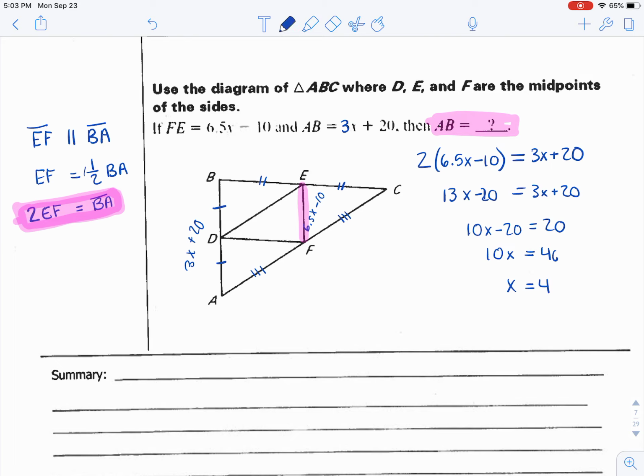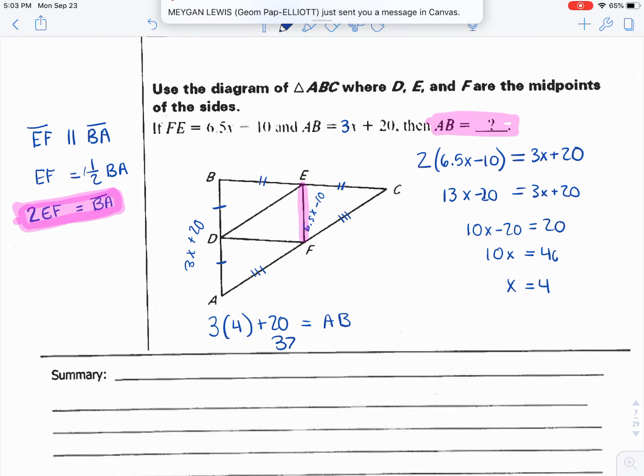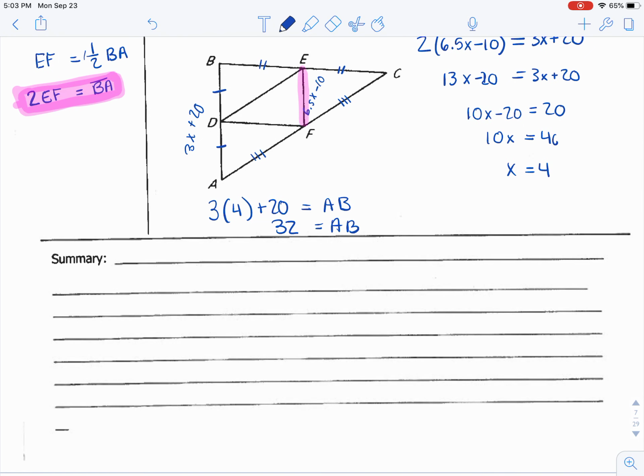So for this segment AB, we are going to plug in 4 for x. So 3 times 4 plus 20 equals AB. So 12 plus 20 is 32 equals AB. AB equals 32 units.